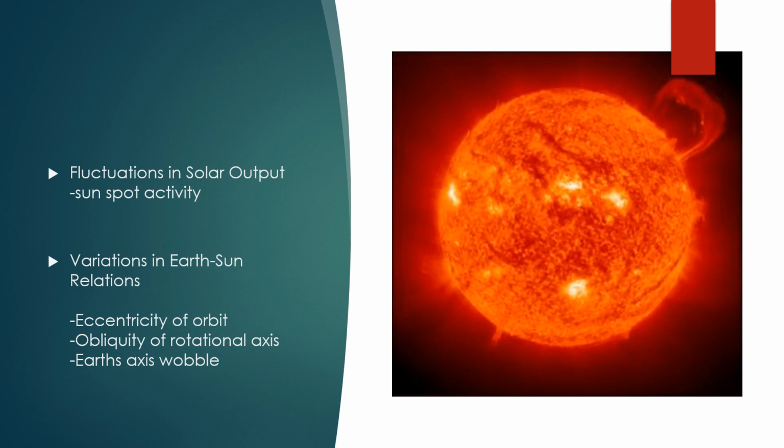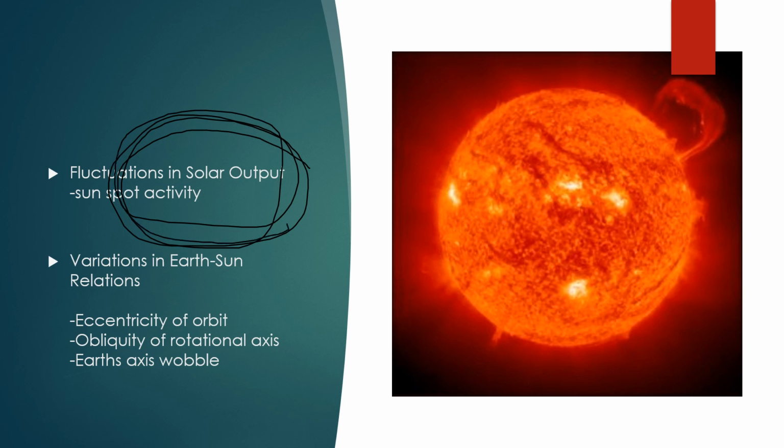So sunspots, we know those dark little spots that appear on the surface of the sun, some scientists think that several past climate events like the Little Ice Age or periods of glaciation kind of correlate with a period of greatly reduced sunspot activity. So that has a lot to do with the output of solar energy, or the solar output, right?